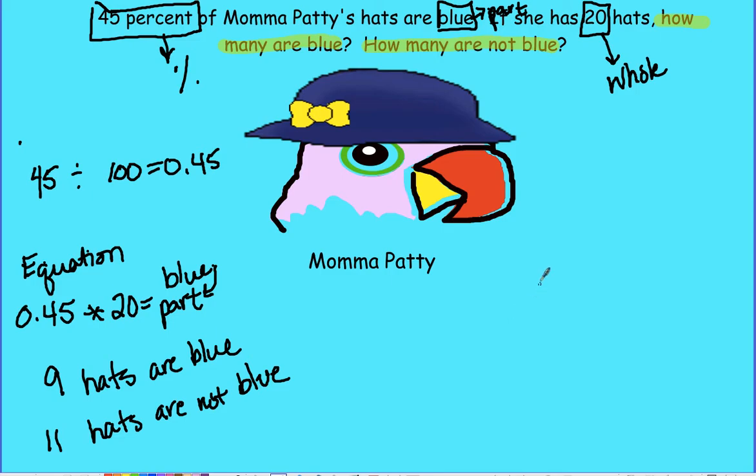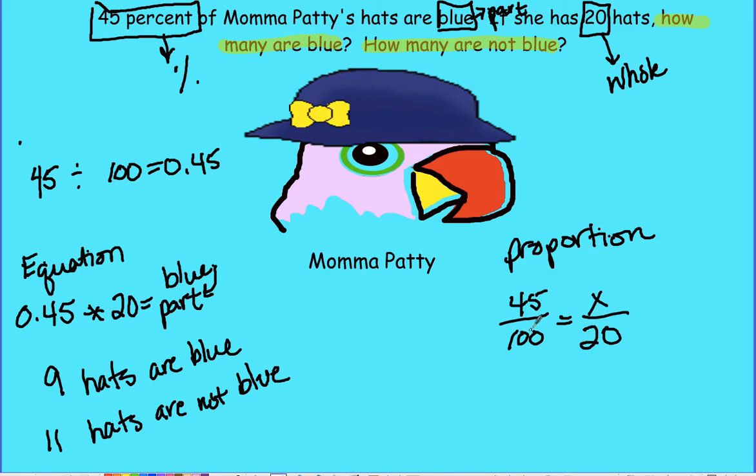When you do a proportion, again, it's your part of your percent over the whole of your percent, which is 45 per 100, is equal to the part, which is your blue hats, over the whole, which is all of your 20 hats. So part, whole, whole. Now when you solve this, you do 45 times 20, which is kind of what we did over here, and then that's equal to 100 times x.